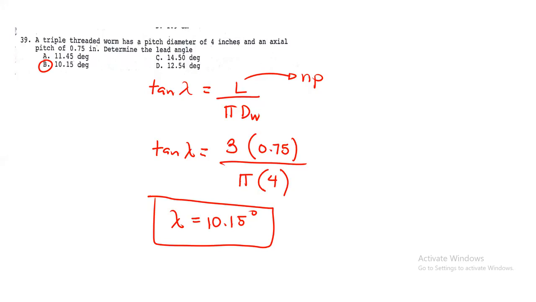So next, number 40. What is the diameter of the rivet if the length of the snap head rivet is 100 mm and the thickness is 50 mm? So dito meron tayo guys na tinatawag na empirical formula.